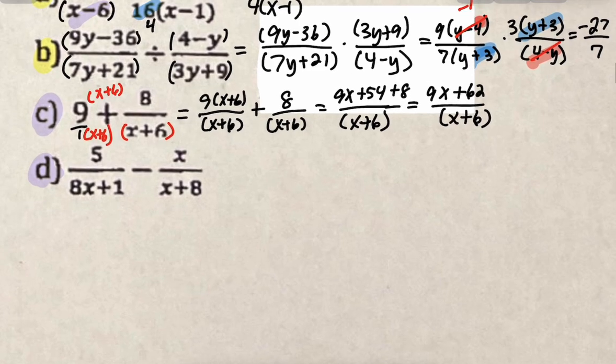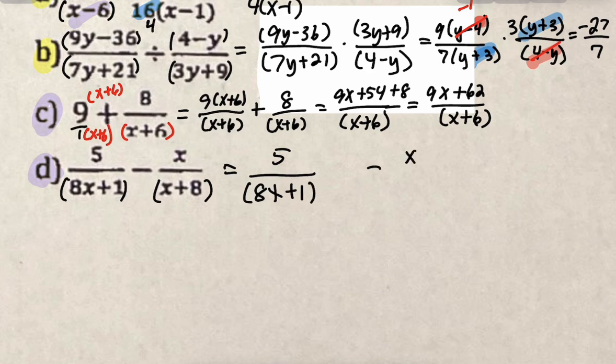Okay. Now we're going to do a similar technique for D, but I do need a little bit of room. So what I did for C, I'm going to scooch over a little bit. But we're going to start out the same way. We're going to surround these by parentheses, and I'm going to write them over here, and leave a little space next to them because we need a little space to accomplish what we need.